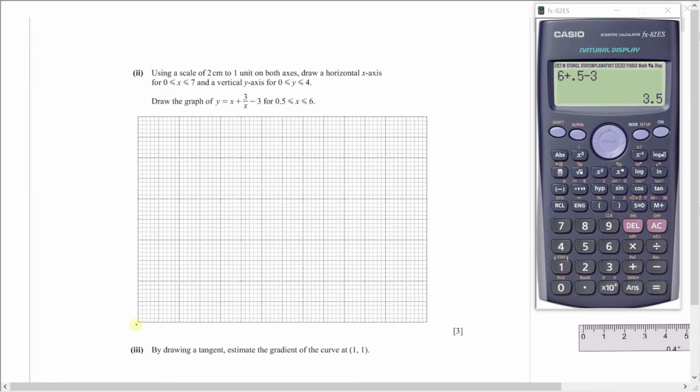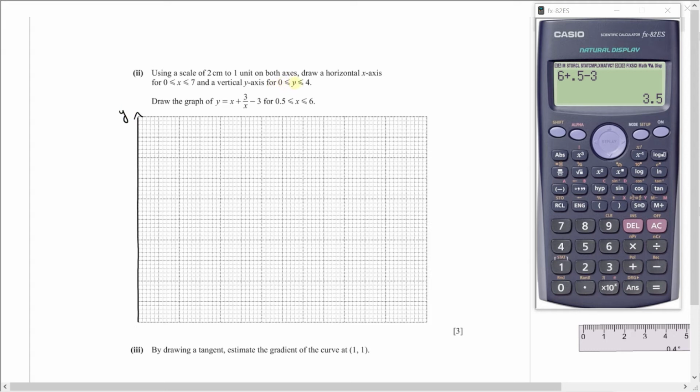If I have x value 0 here, then 1, 2, 3, 4, 5, 6, 7. That means my x value will be 0 here, so this line here will be my y-axis. So let me draw my y-axis here. This will be my y-axis.